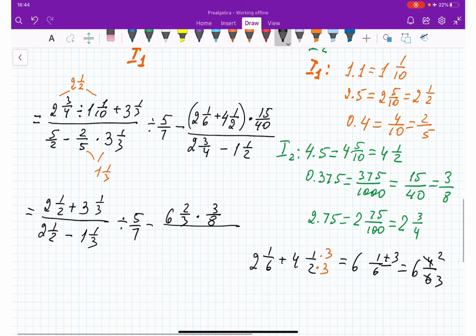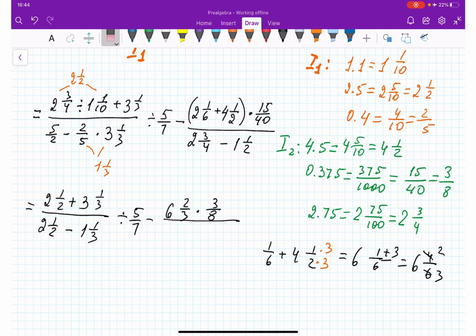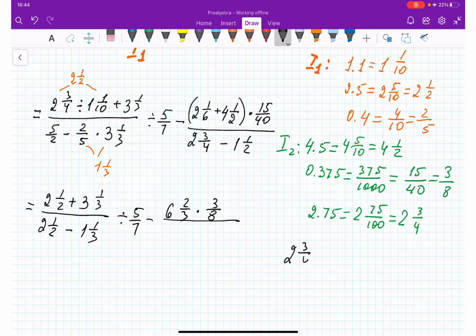Next, in the denominator, now we need to subtract 2 and 3/4 minus 1/2. 2 and 3/4 minus 1 1/2. So common denominator 4, which means here times 2 times 2. And we are getting 4 and 3/4 minus 1 and 2/4. It's equal 3 and 1/4.